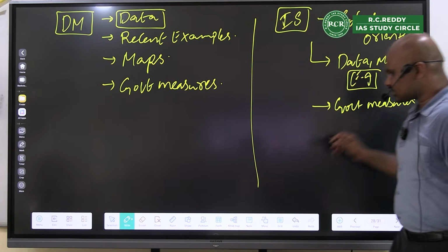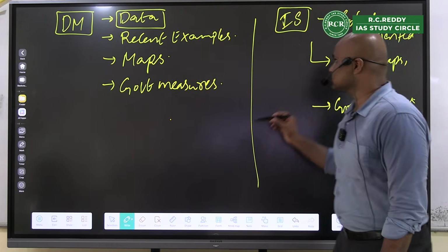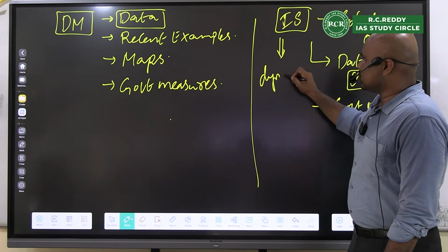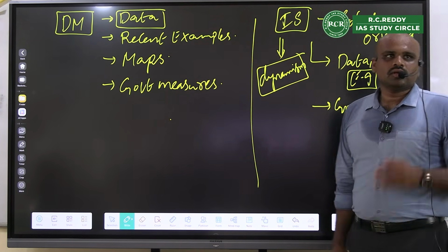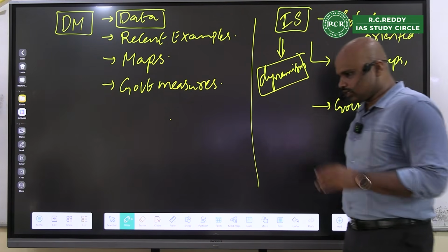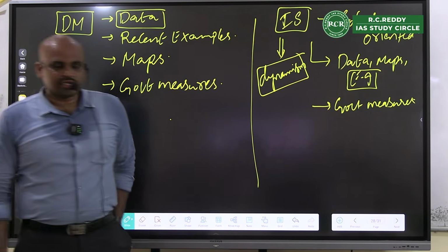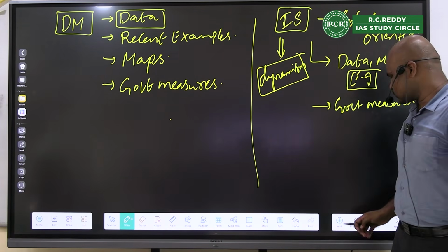But one secret component of internal security always is the dynamism. When I say dynamism, suppose I am writing a question on left wing extremism, that is what? Naxalism. Now how can I show this dynamism?